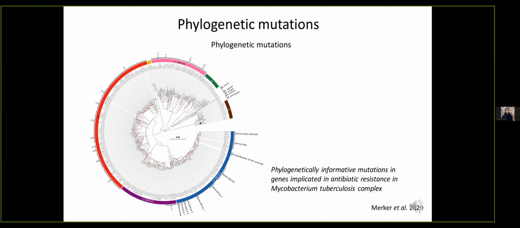In our laboratory, this is the way we proceed. We have a list of phylogenetic mutations that we have identified, including the phylogenetic mutations in this work. Every time we detect drug resistance, we check whether any of the mutations are any of these phylogenetic mutations, and if so, most likely they are not conferring drug resistance.